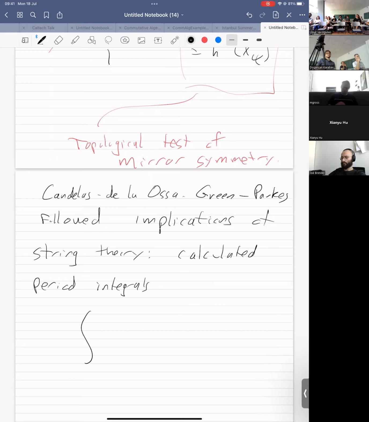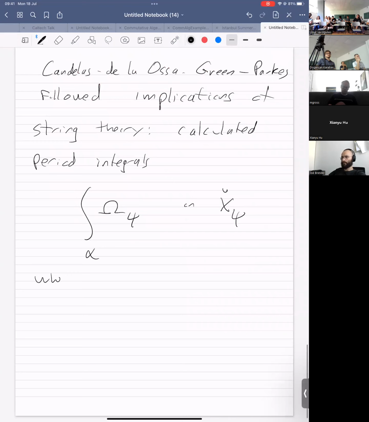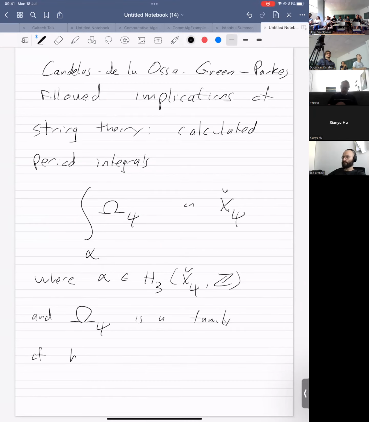of the form: the integral over some cycle alpha of omega psi on X hat psi, where alpha is some 3-cycle on X hat psi, and omega psi is a family parameterized by psi of holomorphic 3-forms.